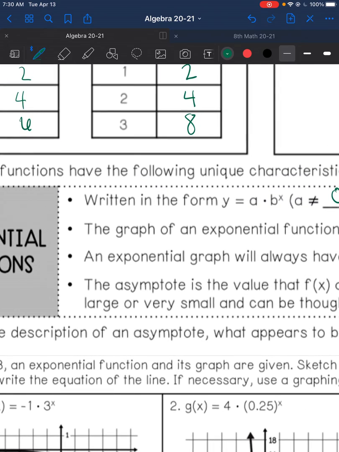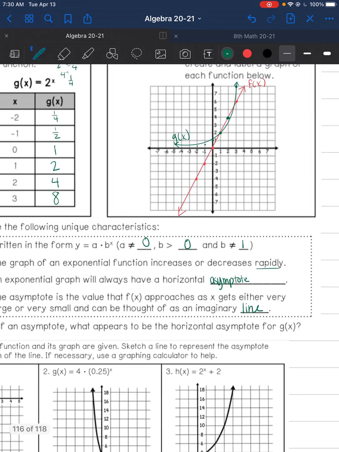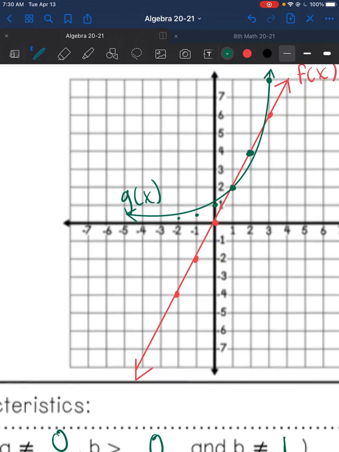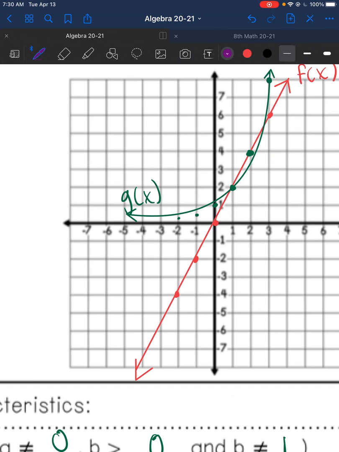that asymptote. So, based on the description of an asymptote, what appears to be the horizontal asymptote of the g of x? We've talked about it a little bit ago, but our asymptote for this one would be y equals 0, or the x-axis. And that is because as it increasingly approaches, but it will never cross.